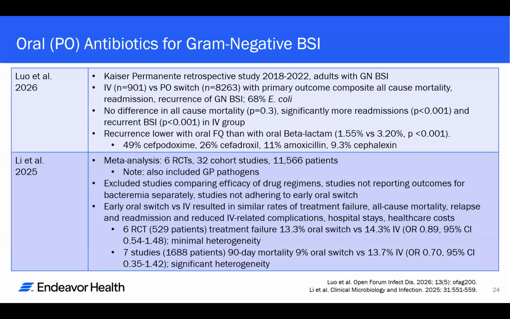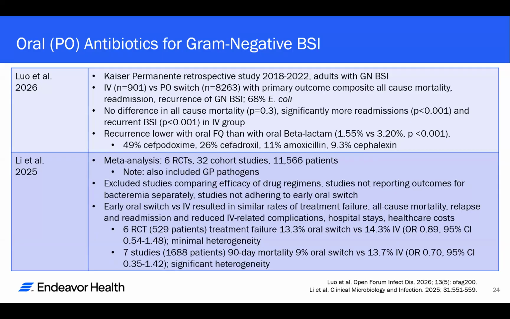Another thing that I want to point out here is that, again, they found that recurrence was lower with oral fluoroquinolones than with beta-lactams, but it's kind of interesting the choice of beta-lactams that they use, and we'll talk about this a little bit more in just a second, but they had 49% that got cefpodoxime, 26% that got cefadroxil, and about 9% that got cephalexin.